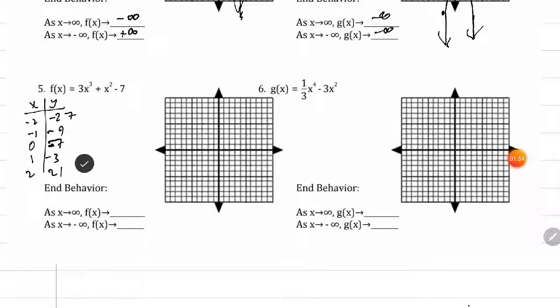So notice every time I choose my x values, -2 starts off with a really low or high number, and then it gets closer and closer to 0-ish or closer to the middle, and then I always end with a number, so x equals 2, that also gives me a really high or low number.